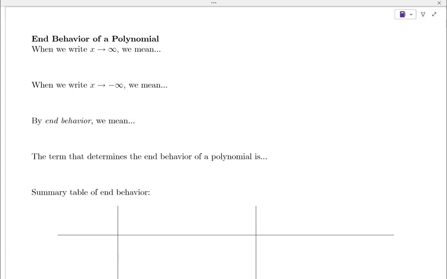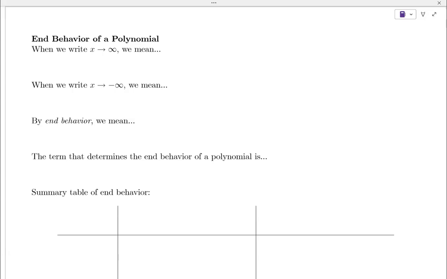When you have x squared, both ends point up or down, right? When you've got x cubed, one goes up and one goes down, depending on whether it's been flipped upside down or not. And the highest power term is the one that takes over when x gets really, really big, so that's what we look for when we analyze end behavior.